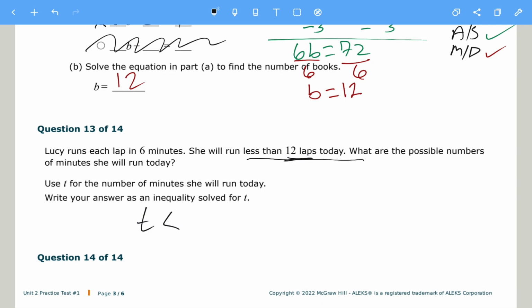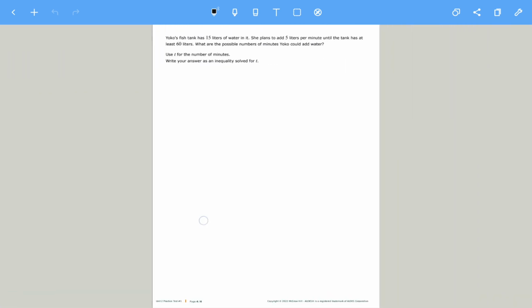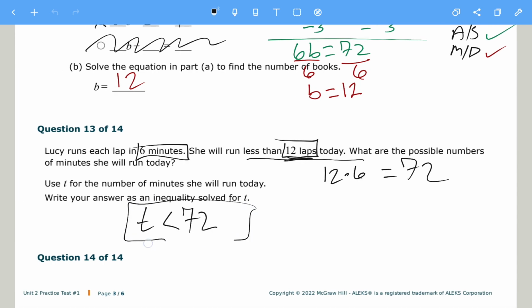So the number of minutes she will run will be less than some number. Now, 12 laps, 6 minutes each. You're going to do 12 times 6, and that gives us 72. So she will run less than 72 total minutes. And that is our final answer.